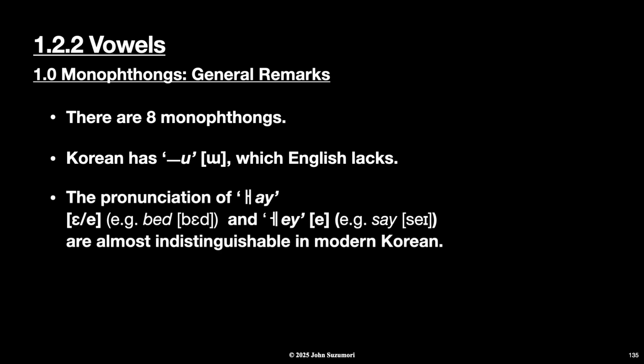In terms of pronunciation, the open mid-front unrounded vowel ㅐ, as in the English word bed, and the close mid-front unrounded vowel ㅔ, as in the English word say, are almost indistinguishable in modern Korean. Strictly speaking, the tongue is located more to the front and higher in the latter one.